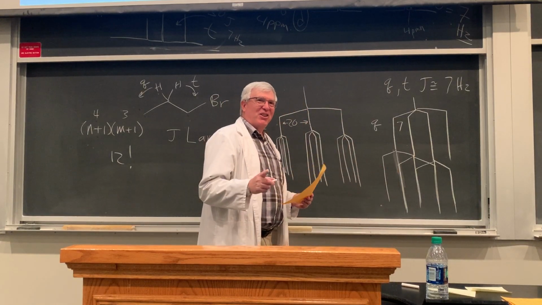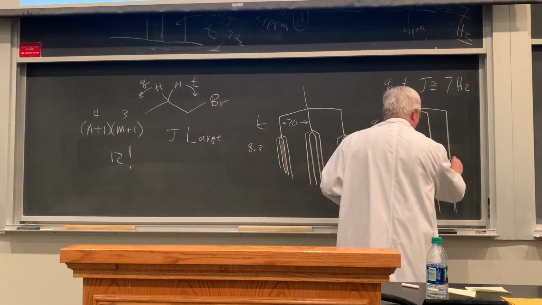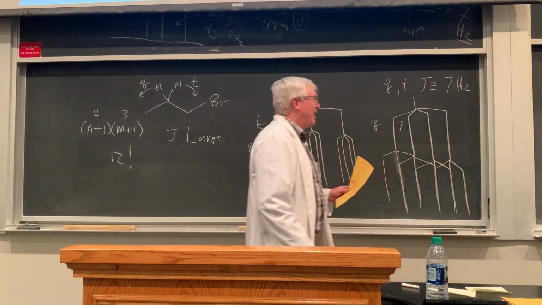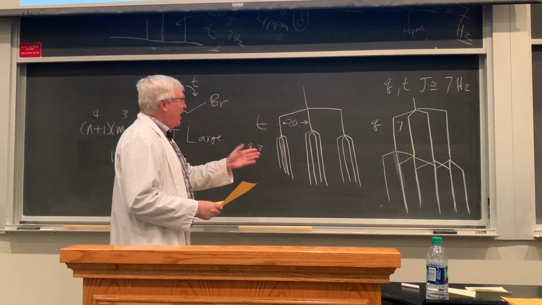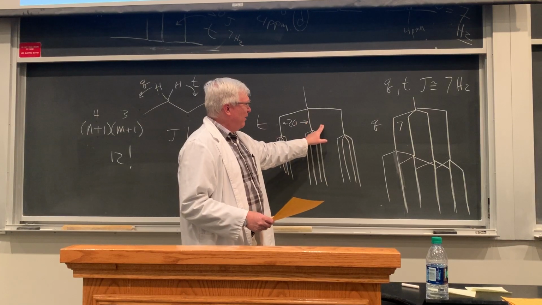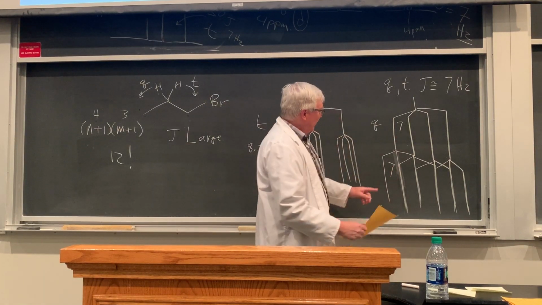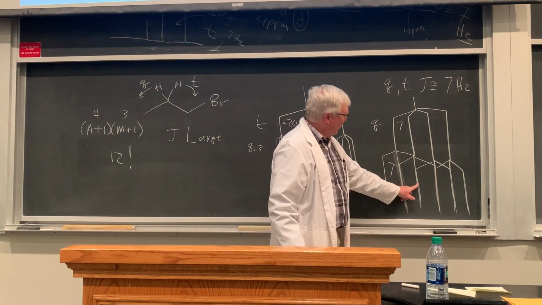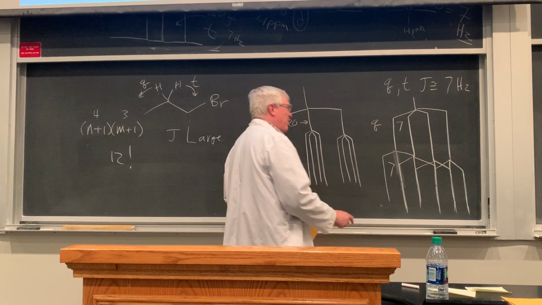I think I'm on the right track. Yeah, it helps to be an artist here. Or you can do the quantum mechanics, do the full-blown equation and figure this out. How many lines do we have now? Not 12, where they're different splitting values. Here, they're both 7. So this distance here is 7, and we have 1, 2, 3, 4, 5, 6. It's an apparent 6-line pattern.